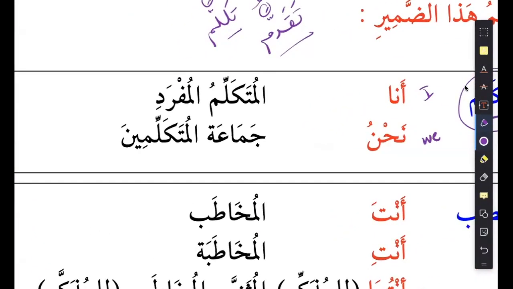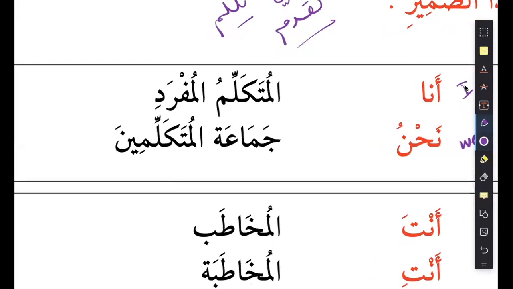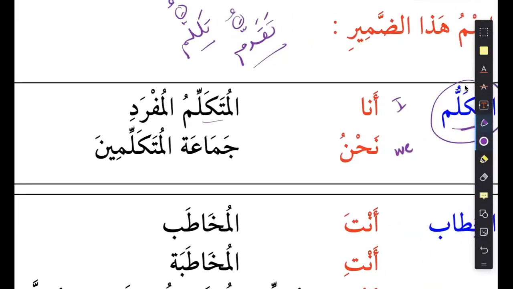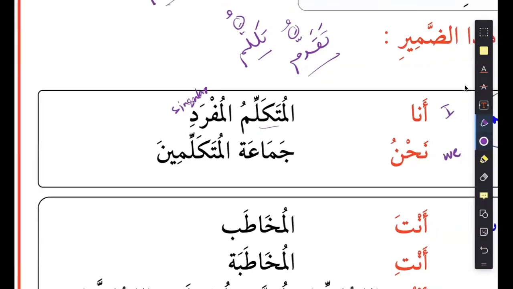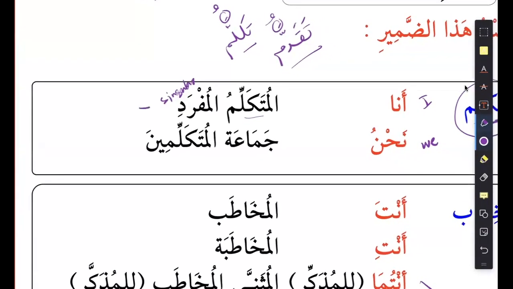You have a few words and then you make different permutations. For example, we have at-takallum al-mufrad. The word takallum we already have, the first person. Al-mufrad, mufrad means singular, which is the opposite of jam', the plural.